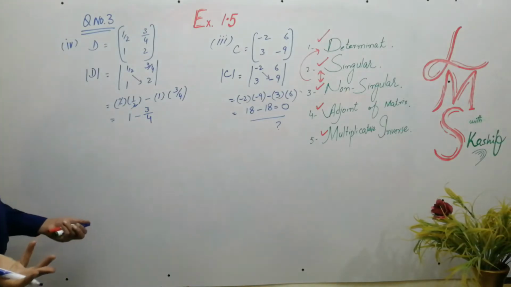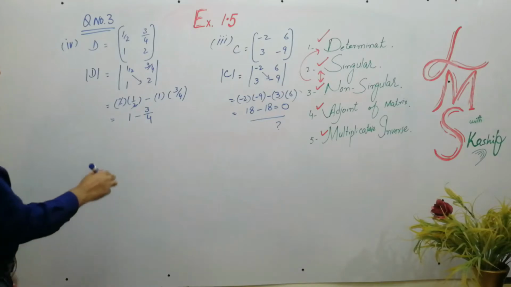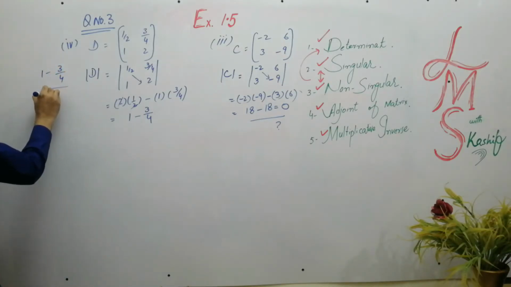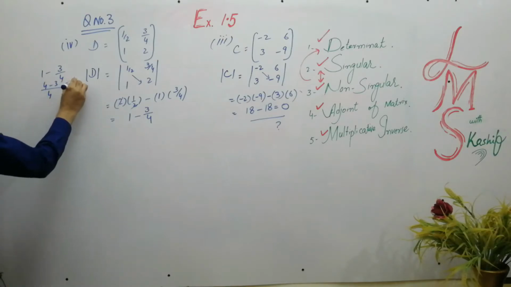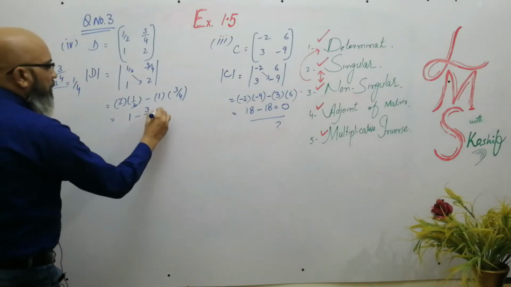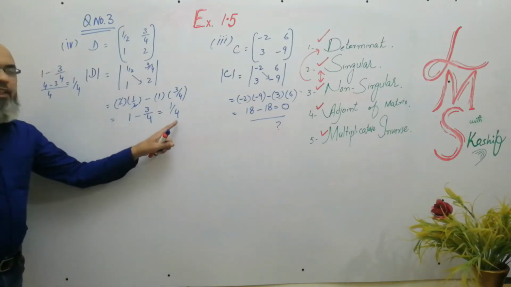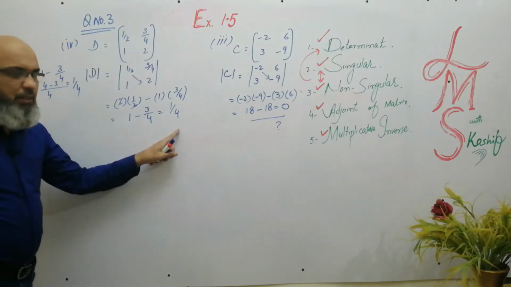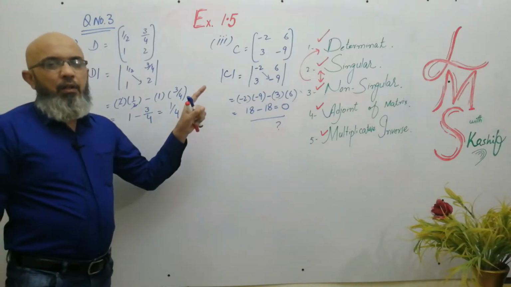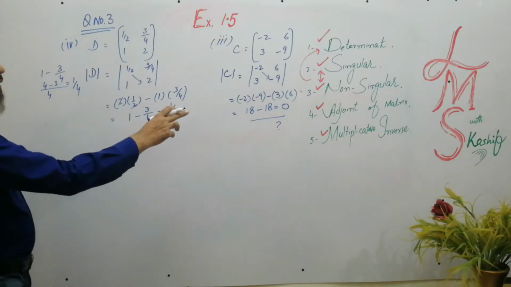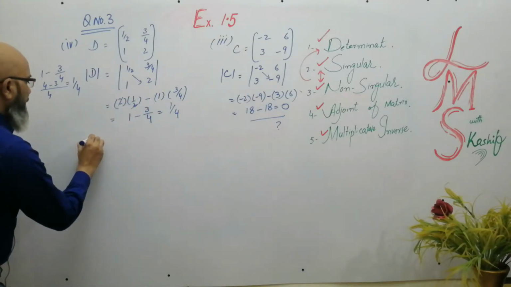It's a class 6-7 question, you know. First find the denominator. 4 ones are 4, minus 3 is equal to 1 over 4. 1 over 4 is your determinant. So it means it is a non-singular matrix, meaning we can find its multiplicative inverse. So what is next? Next we will find the adjoint.